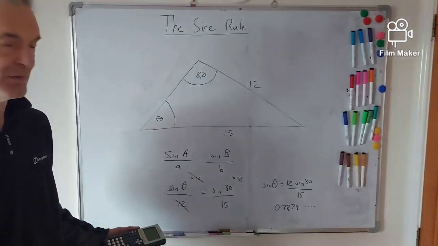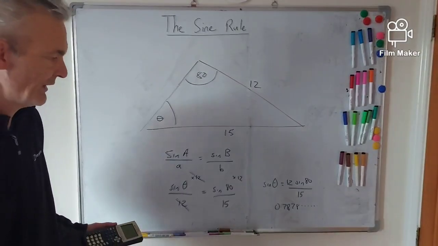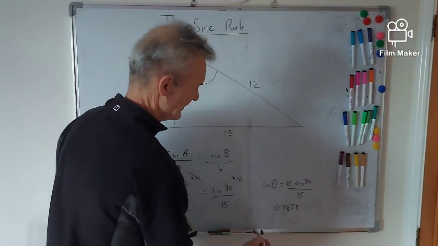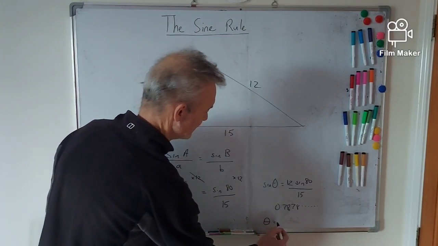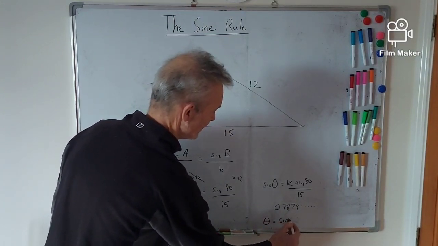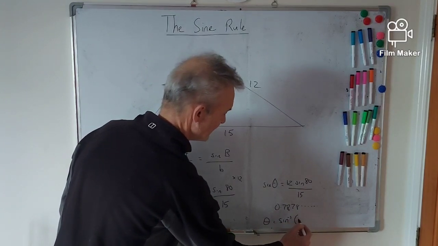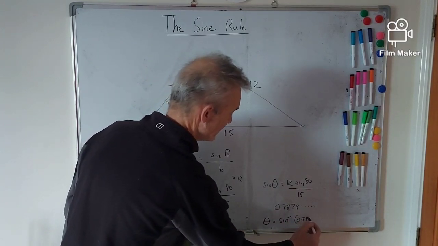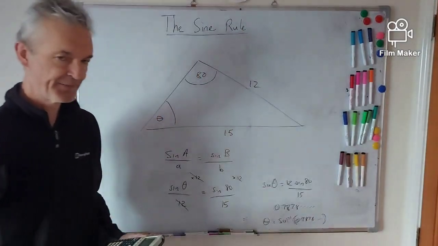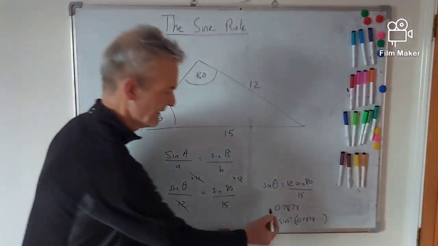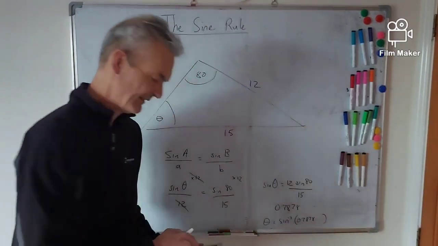Well, we want the angle here, so we're going to have to isolate the theta. So theta is going to equal sine to the minus 1 of what we've got there.